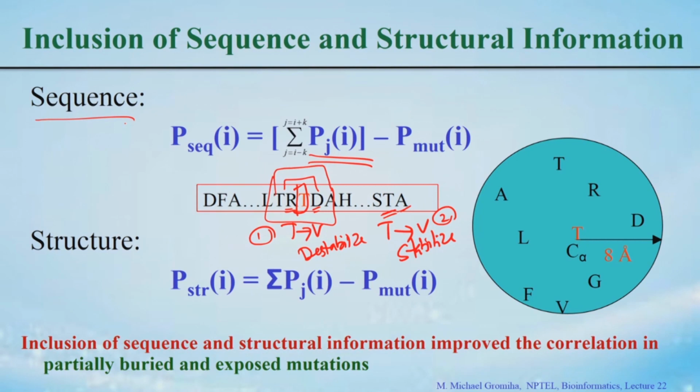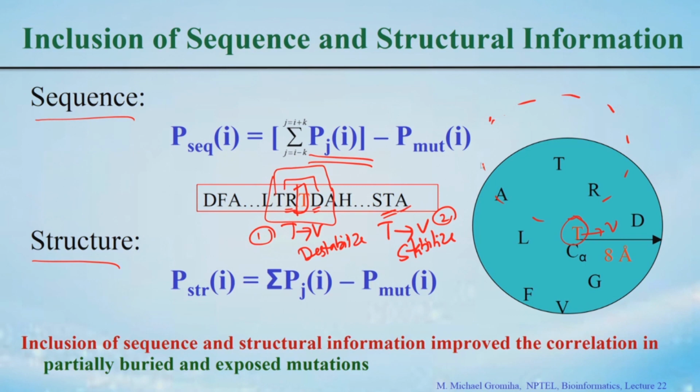We can also include the structure information when you mutate a specific residue. For example, this threonine is mutated to valine. You can see this threonine is surrounded by different residues. If we take this threonine, here you have a circle, and it is surrounded by different residues.